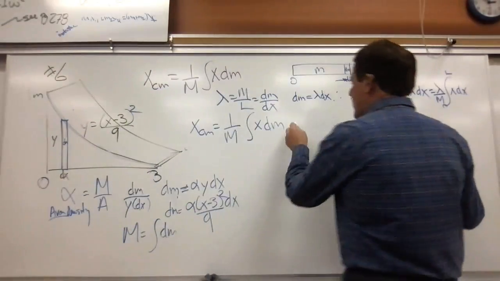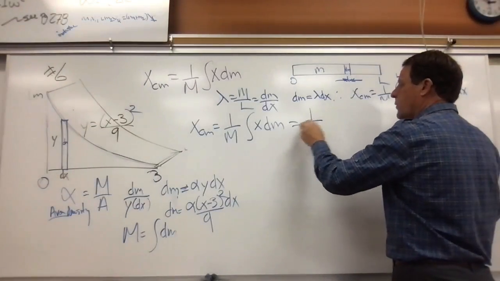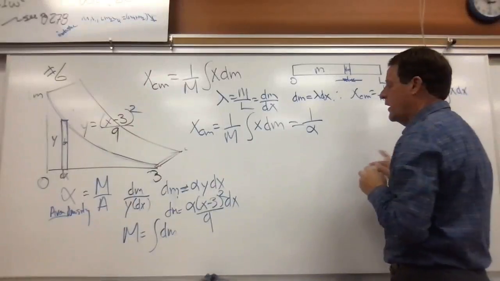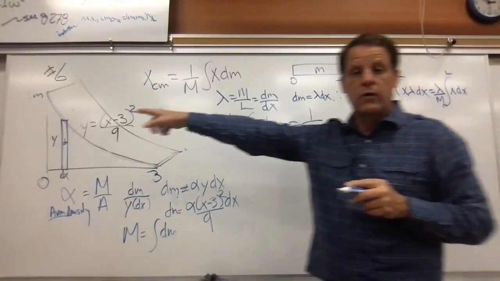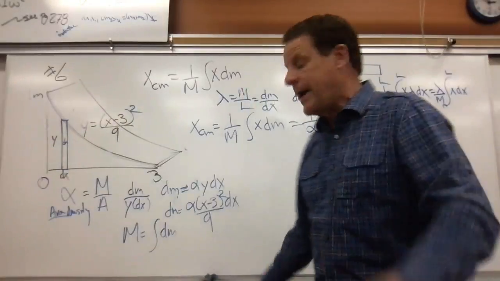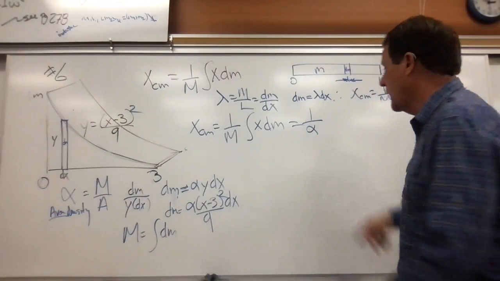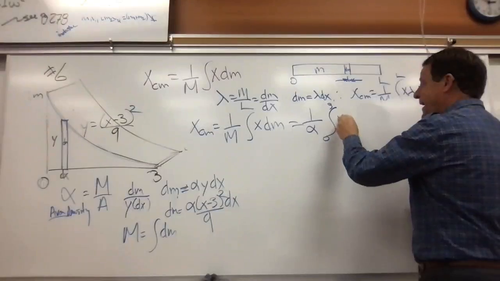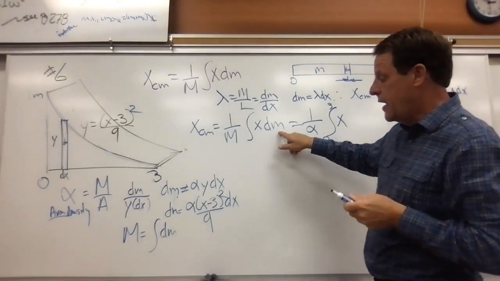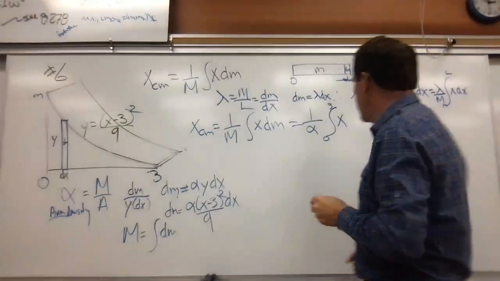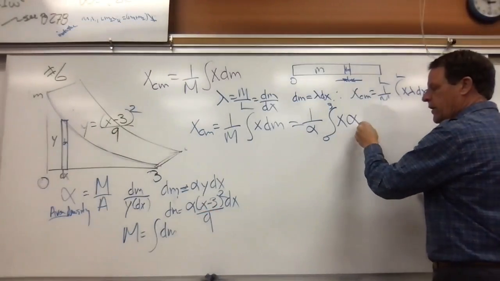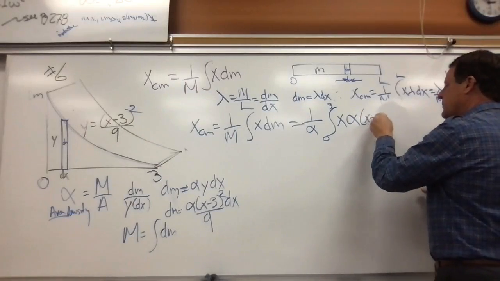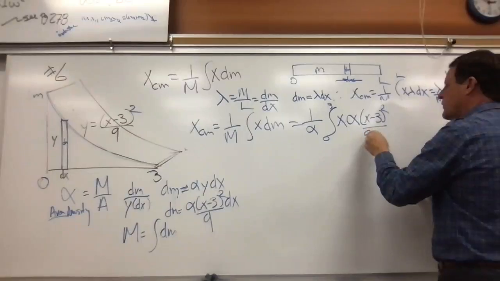So now when we plug this in, we're going to have 1 over alpha, because we figured out from over there that our mass was equal to alpha times the integral, again, going from 0 to 3 of x dm. And we know dm is alpha times x minus 3 squared over 9 dx.